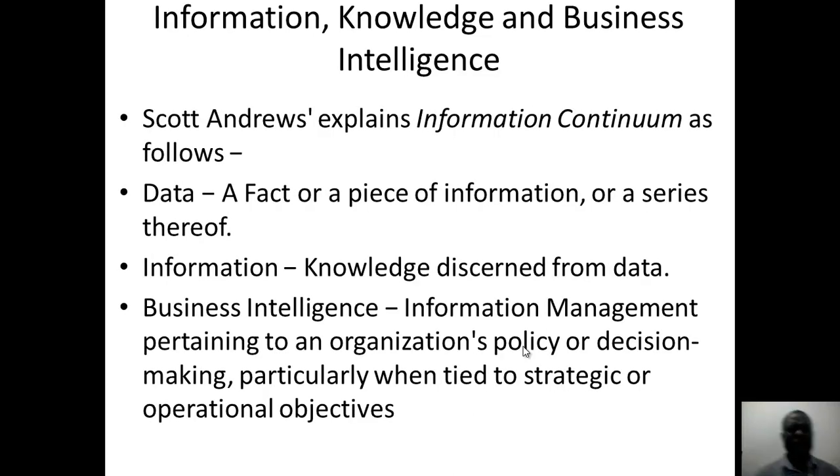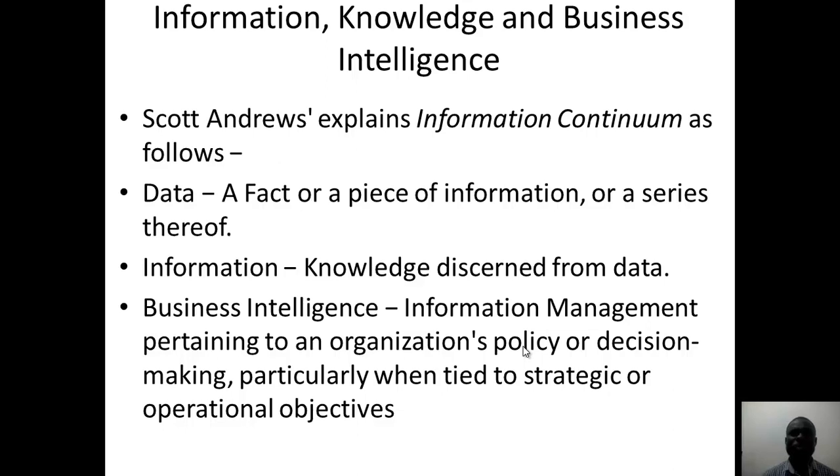Now let's see. Another person, Scott Andrews, also explained the information continuum as data as a fact or piece of information or series thereof. Then information and knowledge descend from data. When we talk of business intelligence, it's information management pertaining to an organization's policy or decision making, and particularly when tied to the strategic or operational objectives.